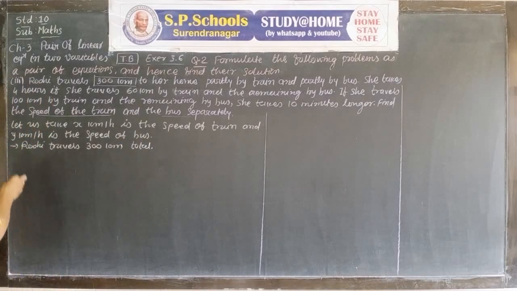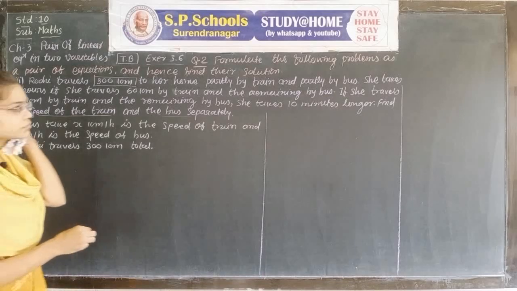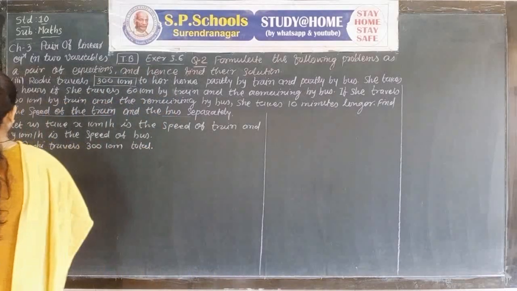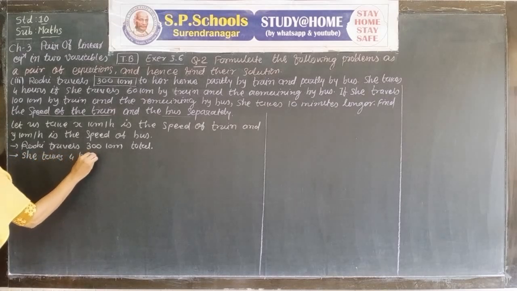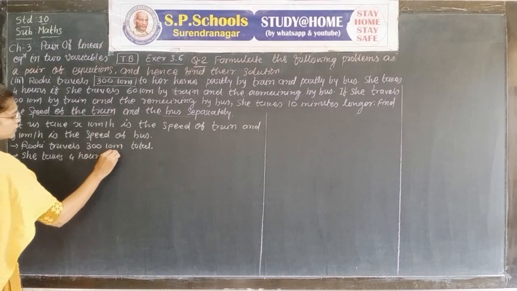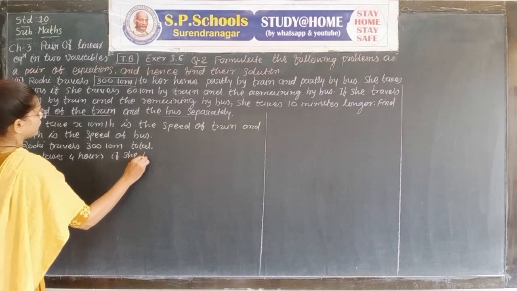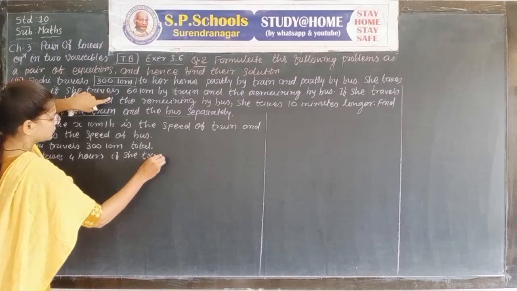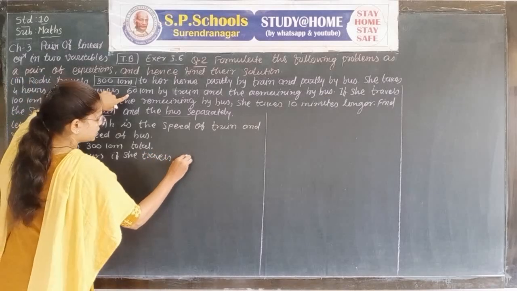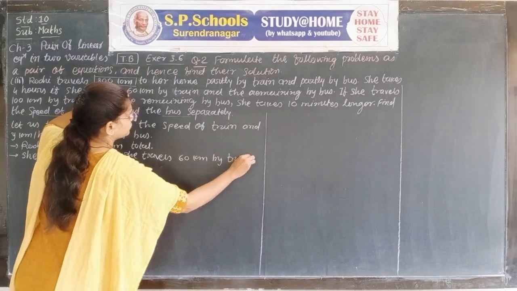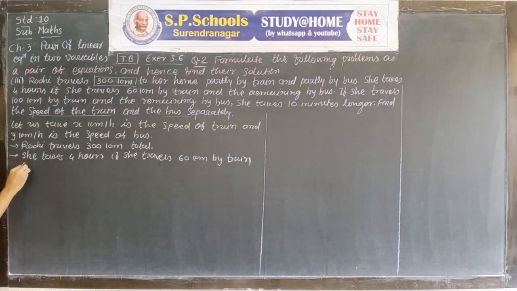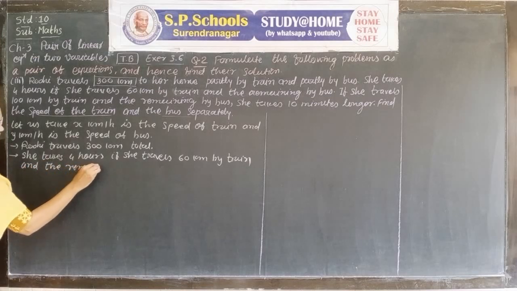Using the first sentence, she takes 4 hours. She means Ruhi. Ruhi takes 4 hours if she travels 60 km by train and the remaining.